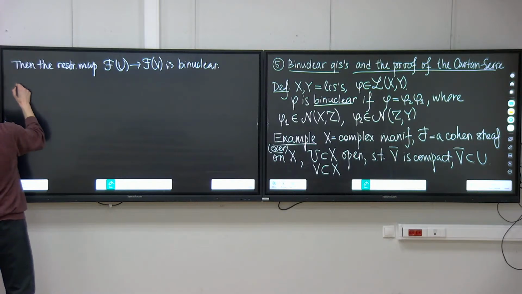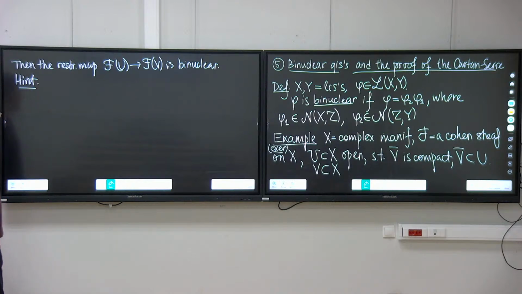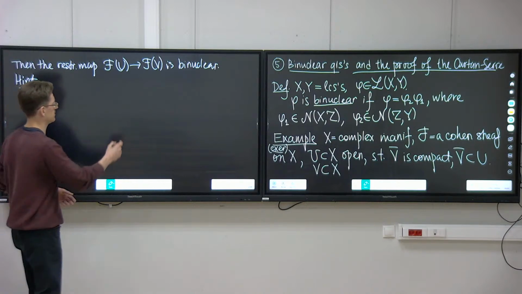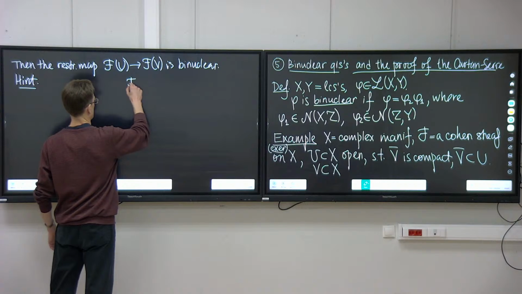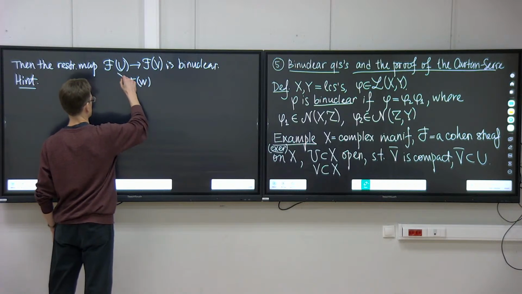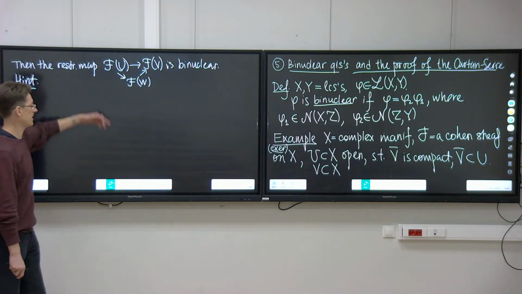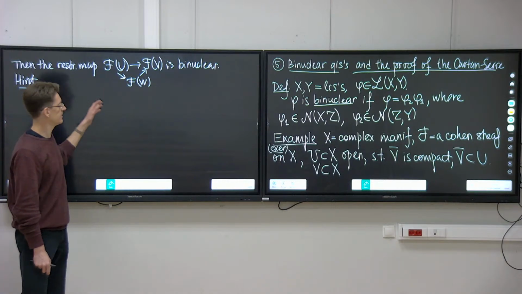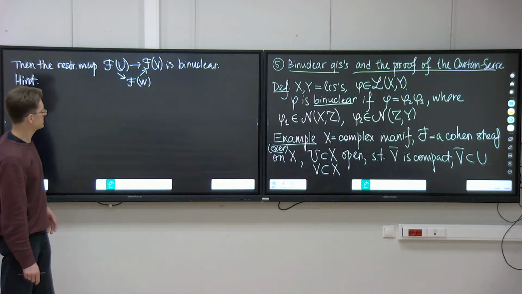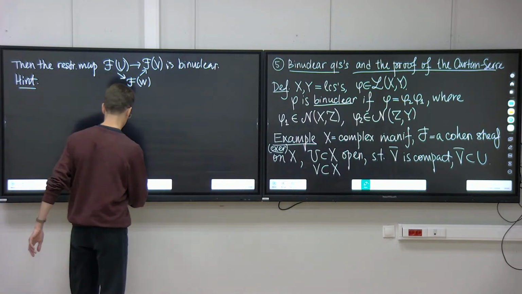A hint to this exercise. First of all, it suffices to show that it is nuclear, because if we prove the nuclearity of this map, then we just find a set W, which is somewhere in the middle between U and V, and so this one is nuclear, and the composition is nuclear. So it's enough to prove the nuclearity of this map.